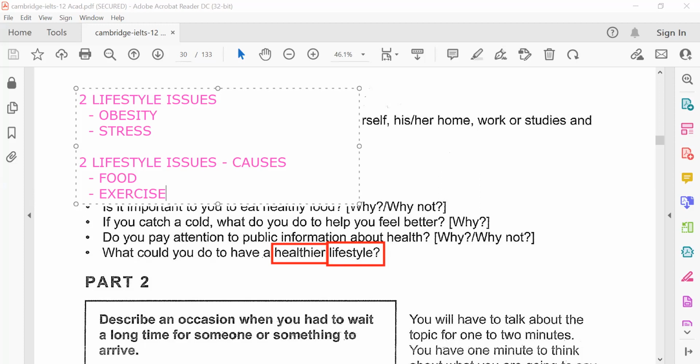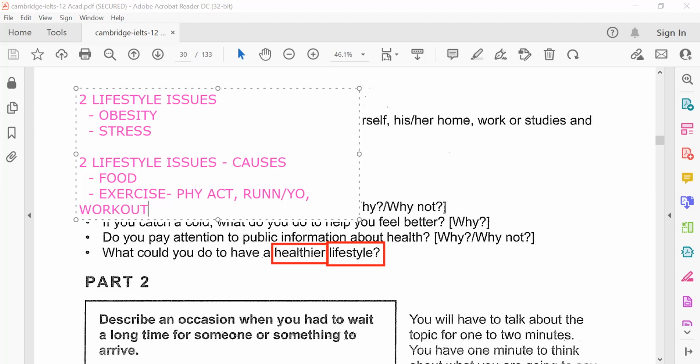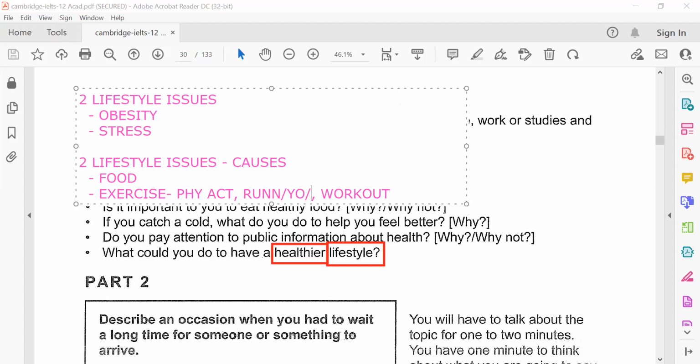Very well. Okay, give me 5 different words for exercise, different ways of saying it. Physical activity, very good, that's 1. Maybe running, yoga, but these are names of activities. Workout, very well. Good. Zumba, aerobics, everything will be part of this category.